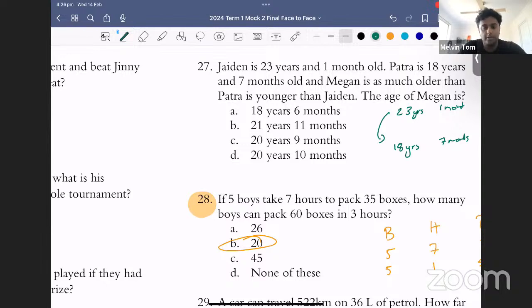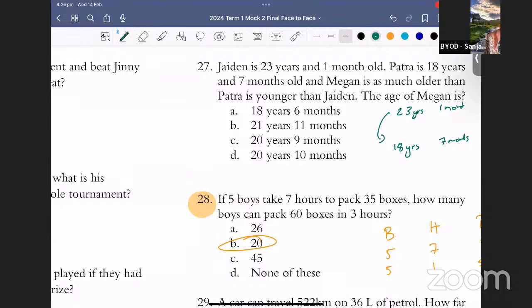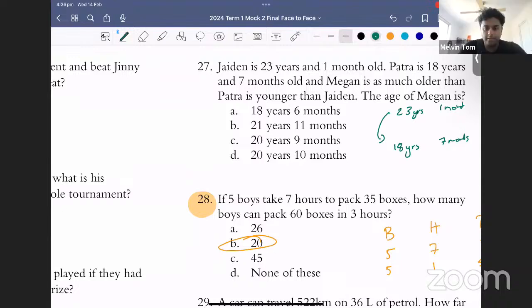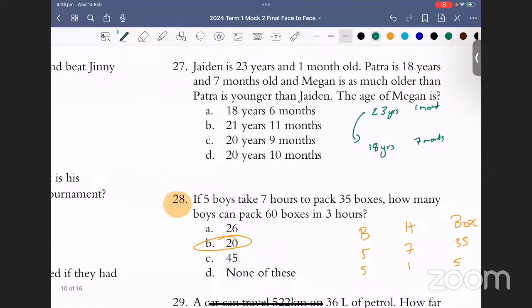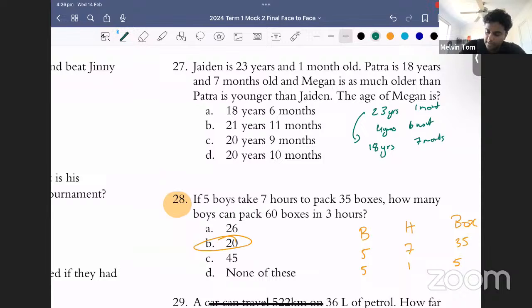Are you sure? It's 4 years and 6 months. That's the total difference in age between these two individuals.